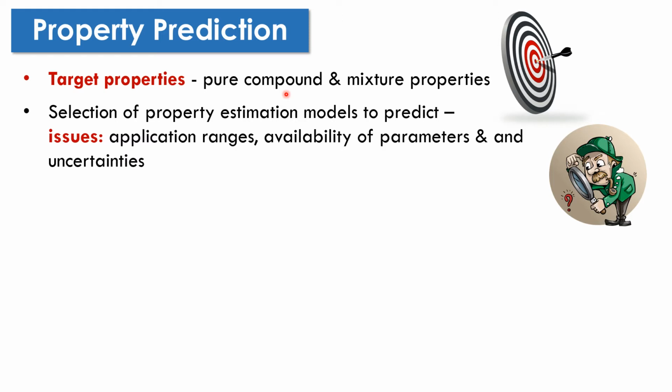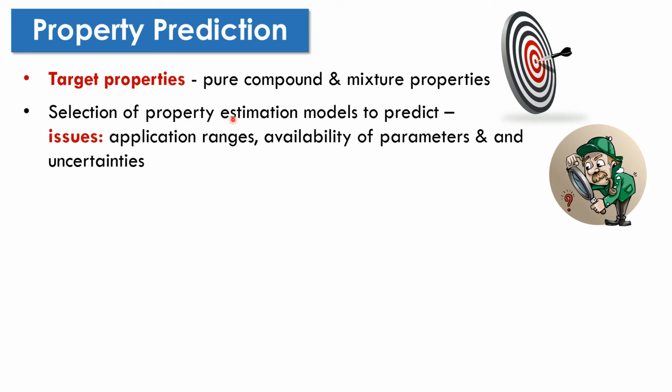And if we have the knowledge base, then in our database we should have the list of property models, which we call the property model library. In that library you should find the list of property models that we can use.